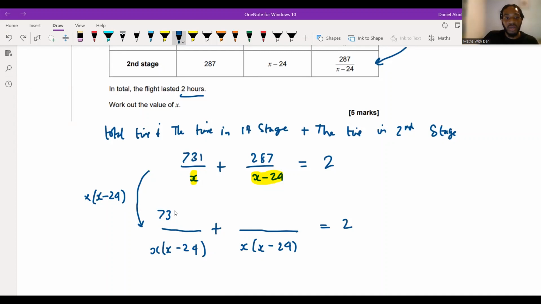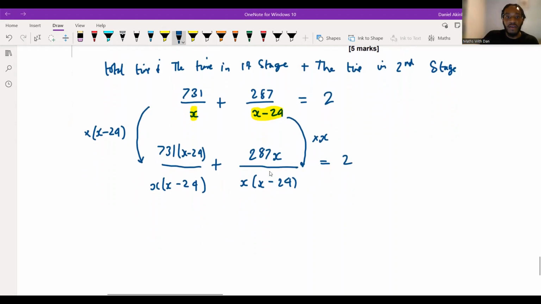And in this one here, to go from an x minus 24 to an x minus 24, I need to multiply by x. So therefore I'm going to have 287x. Now, these are equivalent fractions. If you try and simplify these two, you'll get back to the top. So you know it's equal.